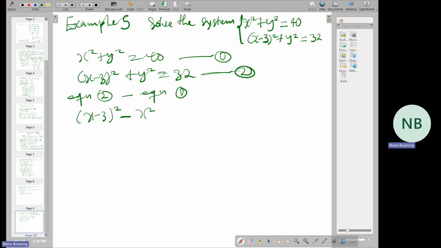So the y squared term goes away, and so we have this equal to 37. I think this is 37, not 32. This is 37.